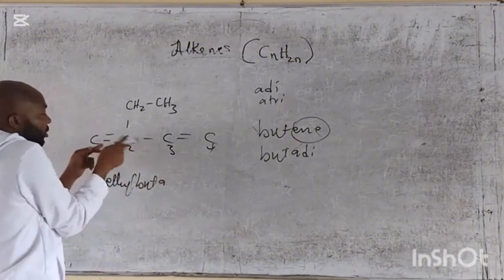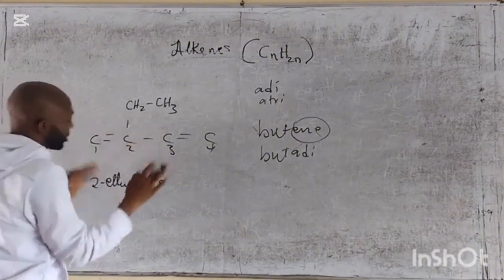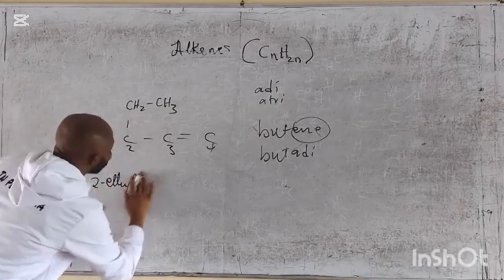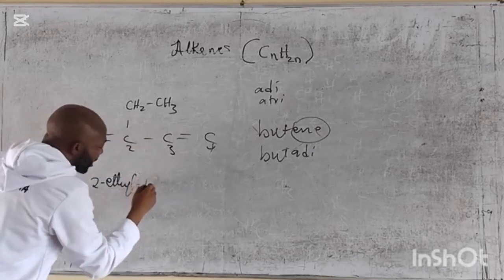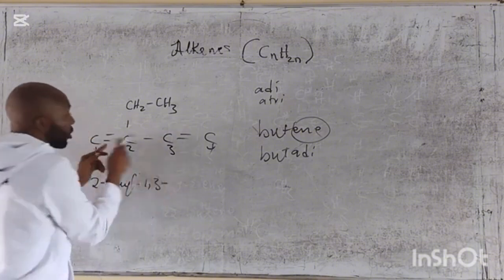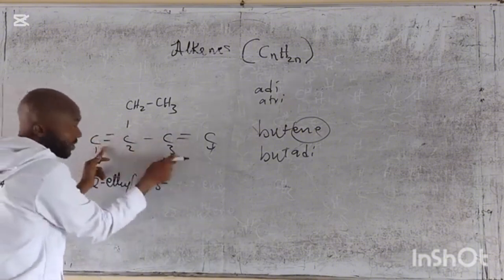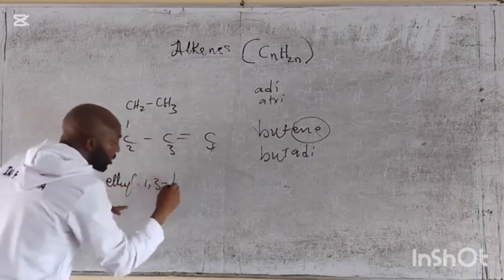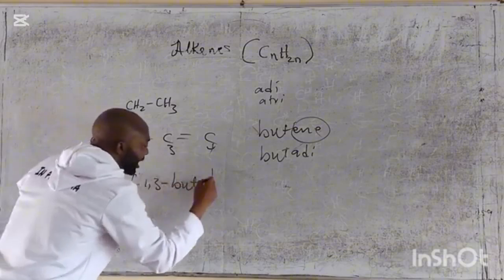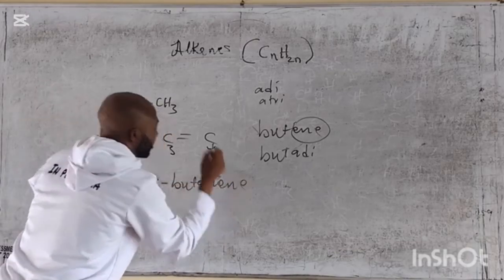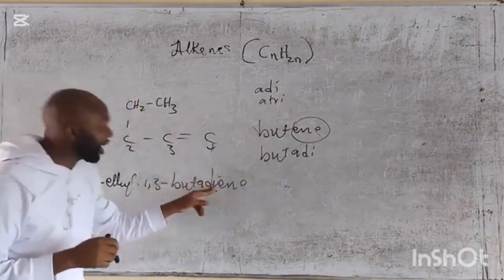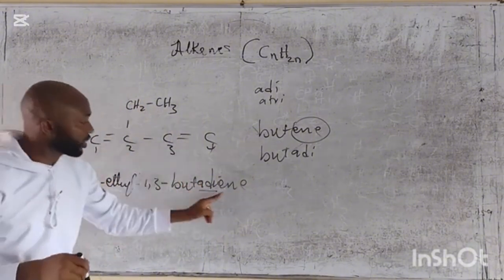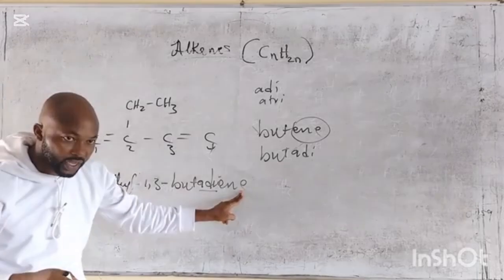Since they are double, okay, sorry, let me come. 2-ethyl-1,3. The double bonds are in positions 1 and 3. 1,3-butadiene. This is the adi they say we should add, because di means there are 2. There are 2, diene. Okay?